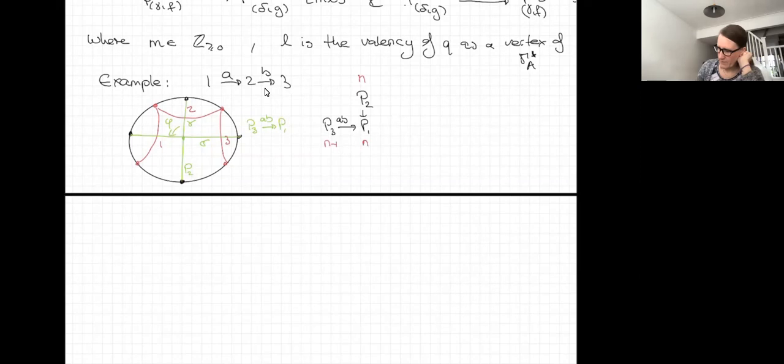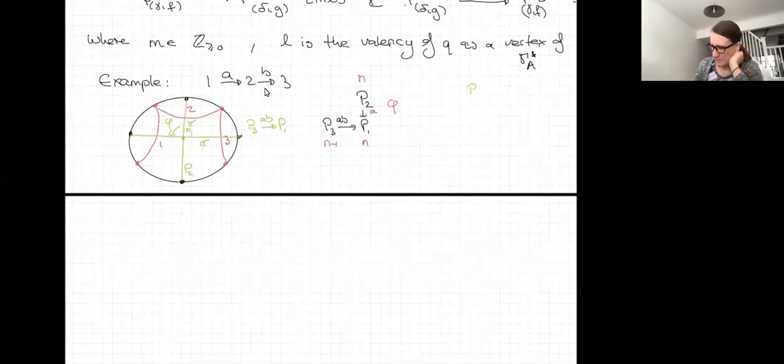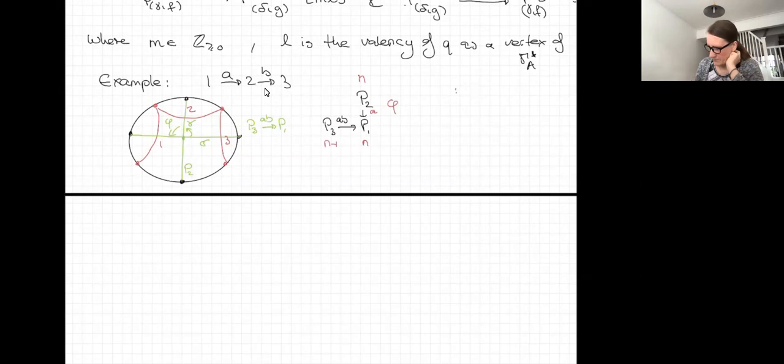And so this is the map phi, which is of course given by A. And then we have a map psi here, which is simply the map, you can check, which goes from the complex P3 to P1.